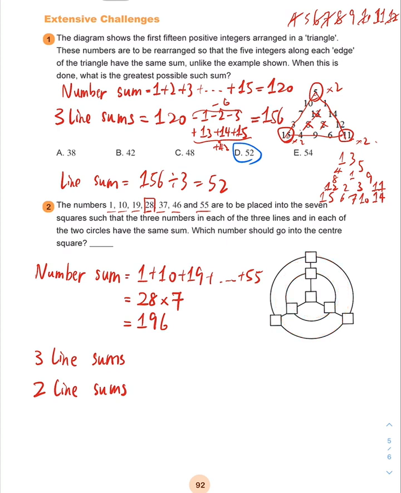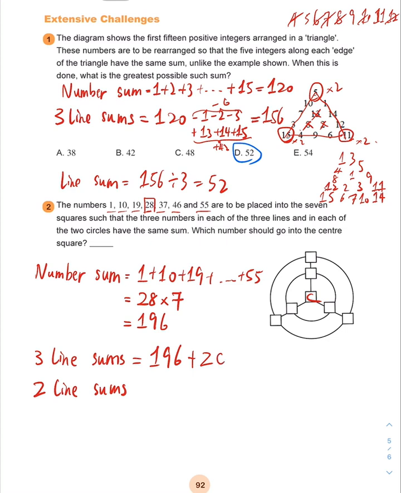For the first way, if you're just looking at the 3 line sums there, you're counting each of the numbers once, but the center number 3 times, right? It means 2 extra times. So let's call the center number C. Now we should have 196, which is calculating each of these numbers once, adding 2 times of the center number, that is going to be 2C.